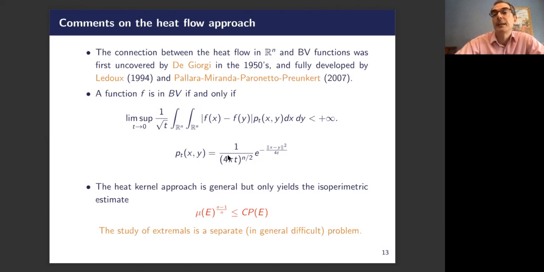That is, the heat kernel approach provides an isoperimetric inequality. That is, we know that there exists an isoperimetric inequality, but in many examples, we don't know what the extremals in this isoperimetric inequality are going to be. And this is given by a separate theory.